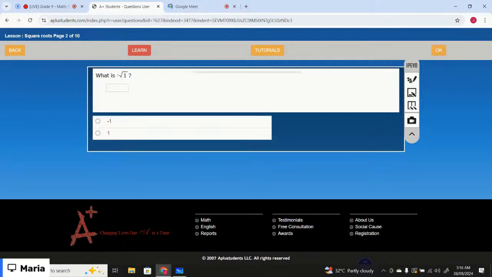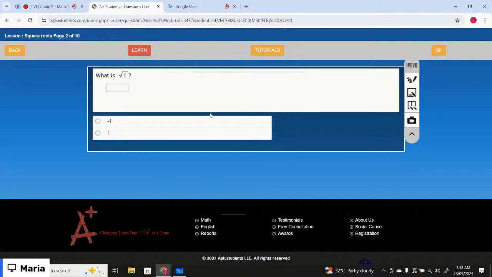What is negative square root 1? So which is the correct option? Yes, square root 1 is 1, right?